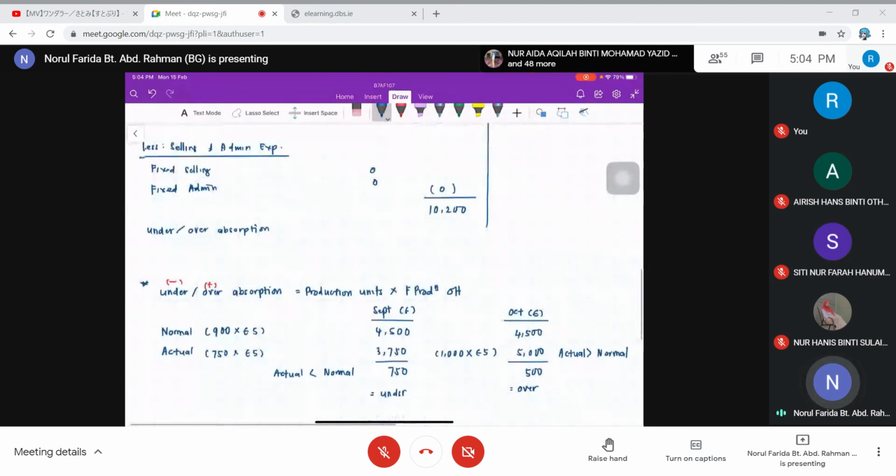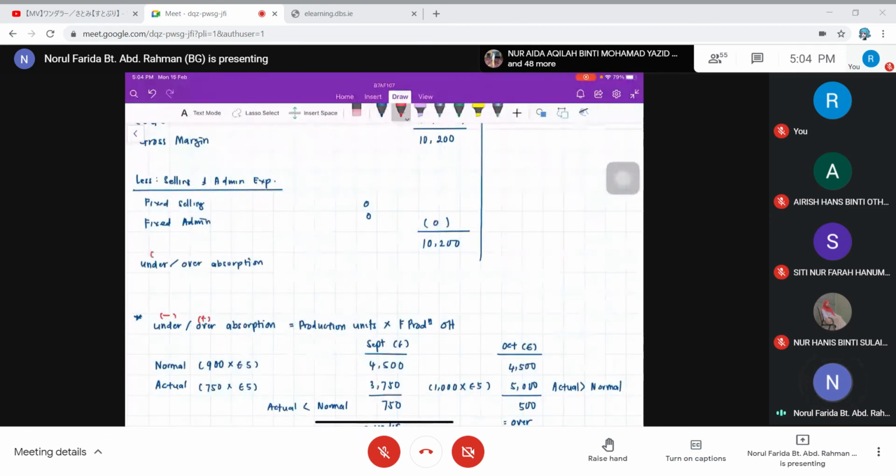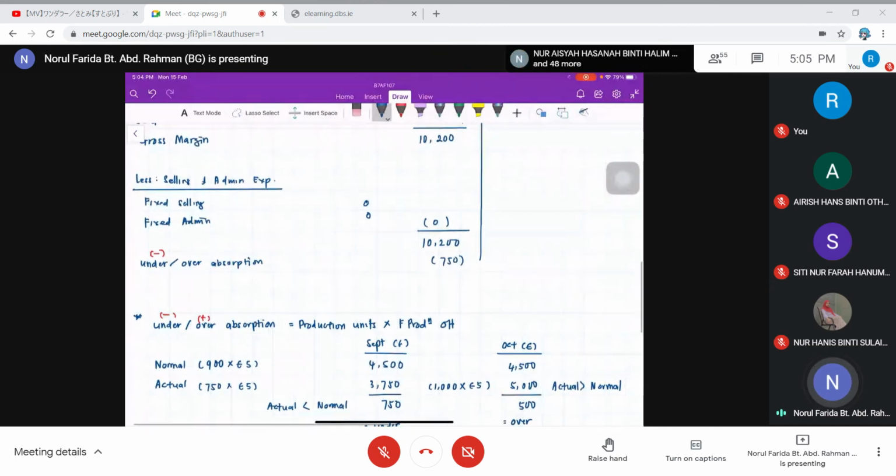Under absorption kita akan tolak lah. Berapa tadi? Tolak 750. Alright. So you will get 9,450. So this is your net income.